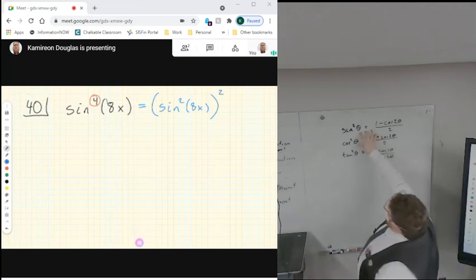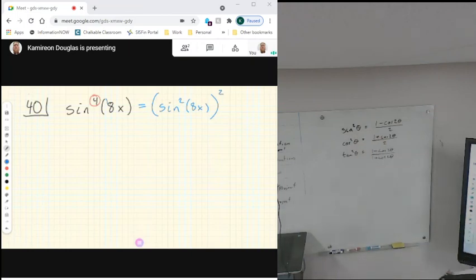I'm going to rewrite this now as, algebraically, sine squared of 8x times sine squared of 8x. Remember, something being squared just means to multiply it by itself. So 8 squared means 8 times 8. 7 squared means 7 times 7. 6 squared means 6 times 6. Sine squared of 8x means sine of 8x times sine of 8x.